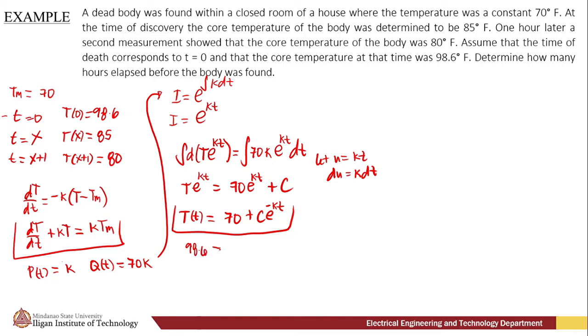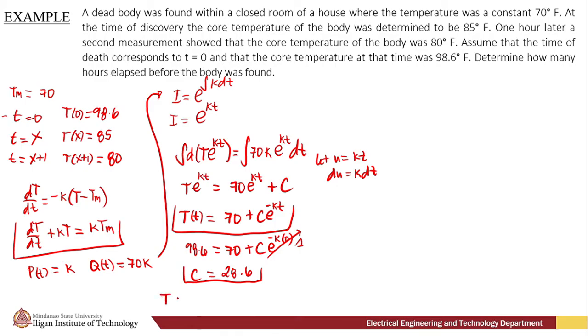At t equals 0, the temperature of the body is 98.6 degrees Fahrenheit. So this is equal to 70 plus c e raised to negative k times 0, and e raised to 0 is equal to 1. So we have c equal to 98.6 minus 70, which is 28.6 degrees Fahrenheit. Now we have the value of our arbitrary constant c.